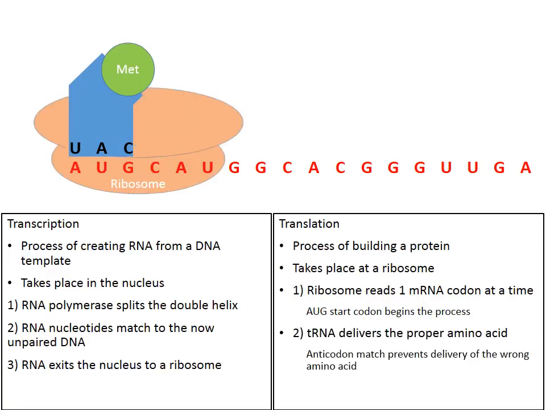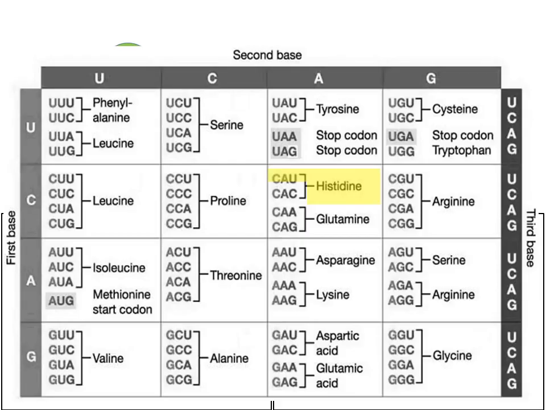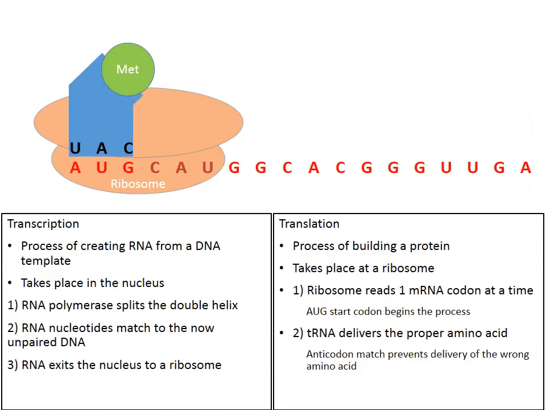Notice what the ribosome just did. It went to the next codon. The next codon is flashing CAU. tRNA is going to bring over the proper amino acid. But how do we know what the proper amino acid is? Let's find CAU on that genetic code chart. And so I've highlighted CAU as the amino acid called histidine. So now that I know CAU is the code for histidine, I know that transfer RNA is going to bring over histidine.